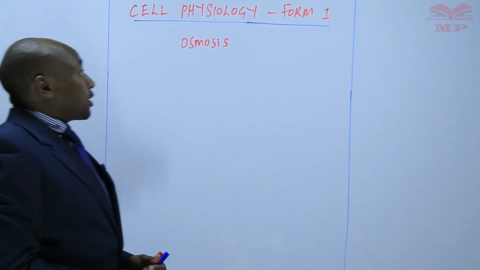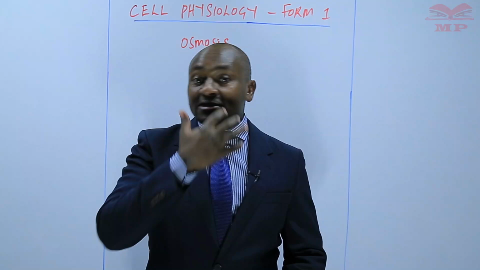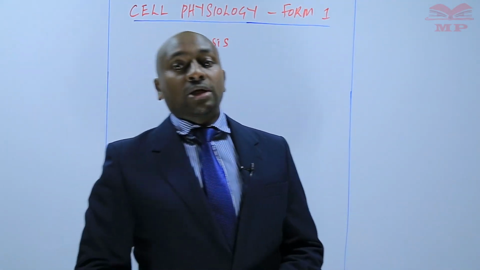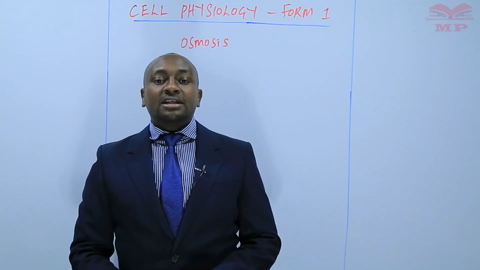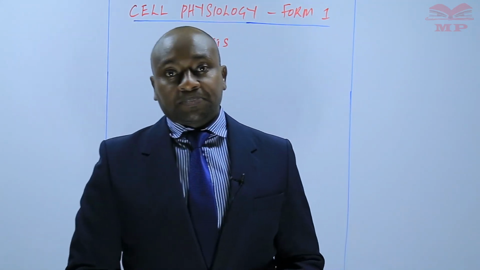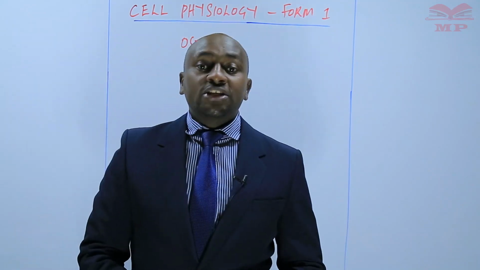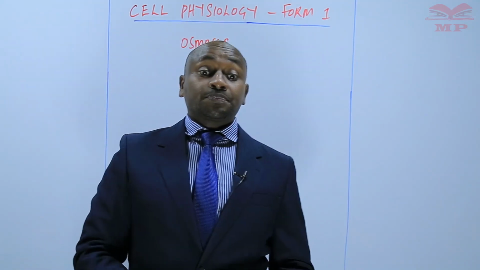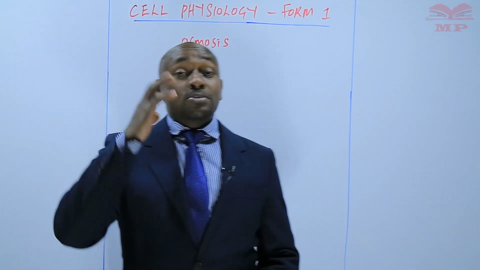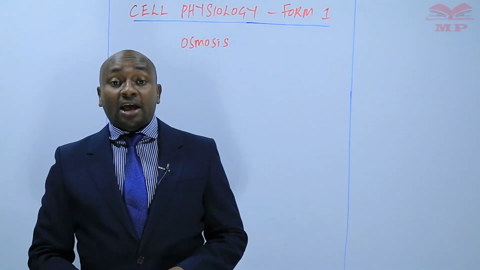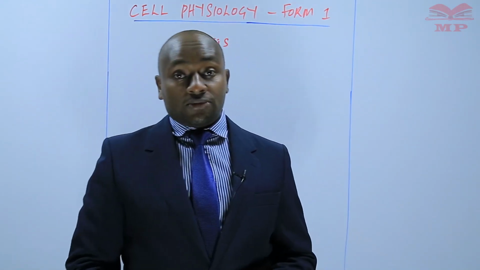Now, osmosis is one of the processes by which materials get in and out of the cell. When you talk of osmosis in relation to diffusion, we can say that osmosis is a special type of diffusion that involves water molecules.